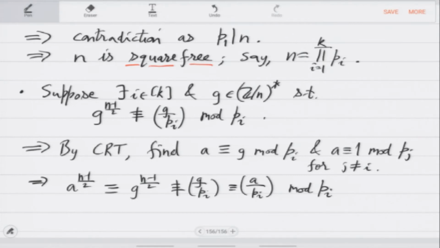And what is A over Pi? Well, since for other j's A is 1 mod Pj, this is the same as A by n. So what you actually get is A raised to n minus 1 by 2 is not A by n mod n, which leads to a contradiction.